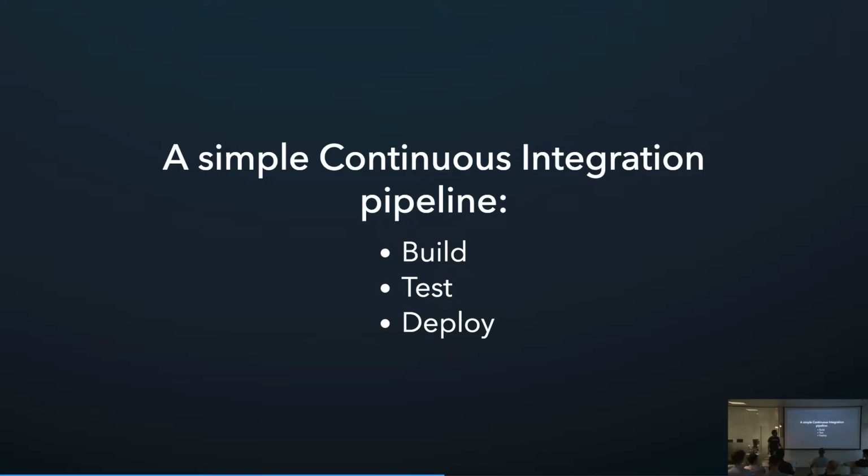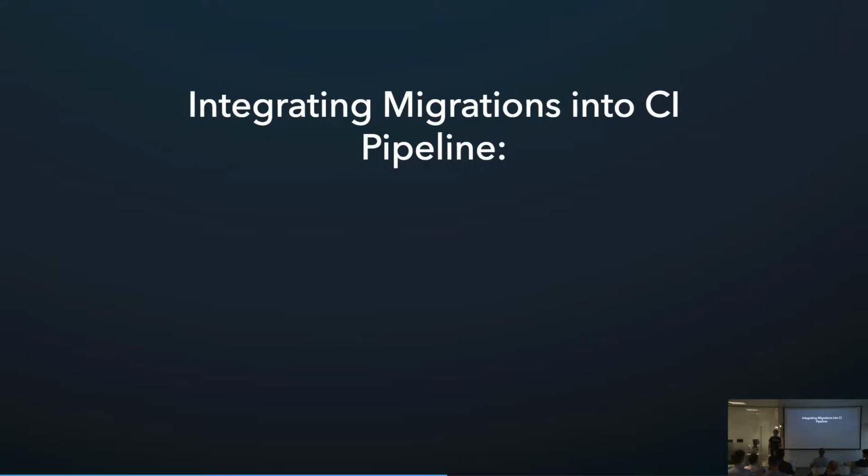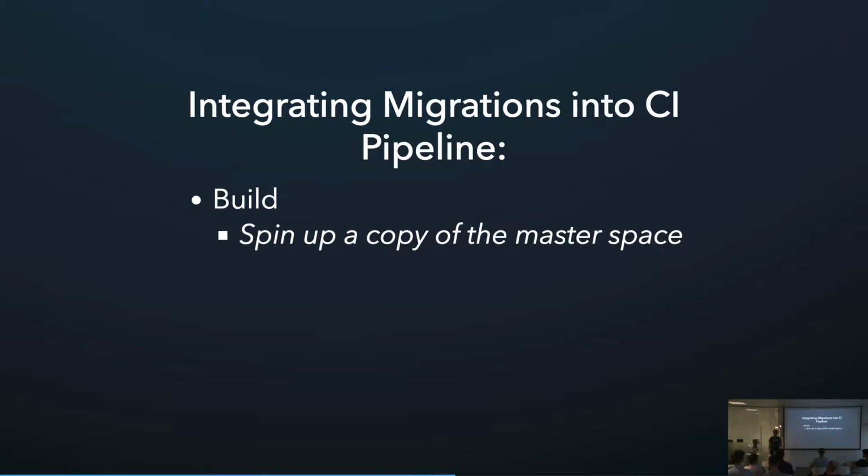So the Contentful CLI tool, what you can do to integrate that kind of workflow into your pipeline is when you do that build, it's also going to go ahead and spin up a copy of the master space. So every time you build your code, it's going to spin out a new space. It's going to go ahead and run those migration scripts that you have checked into the repository against that space.